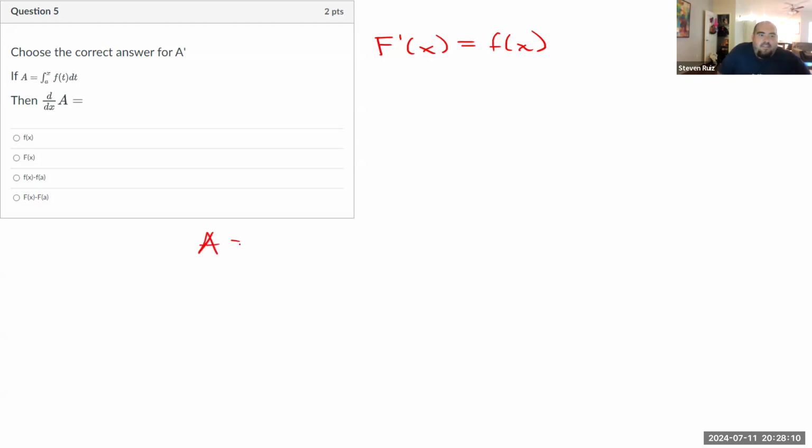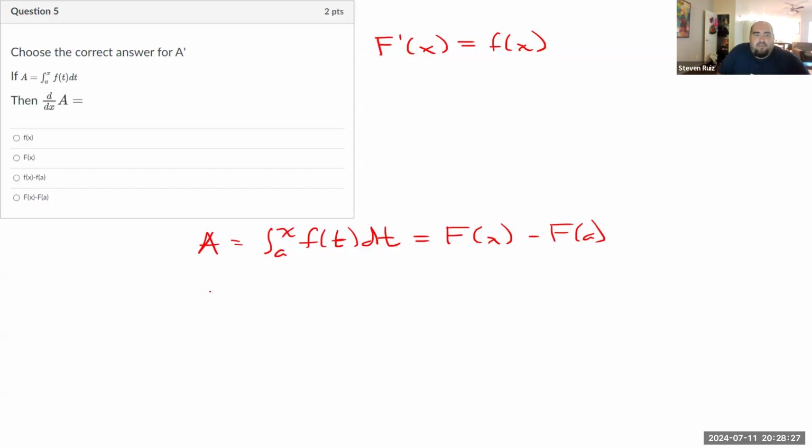So A is equal to the integral from a to x of f of t dt, which by the fundamental theorem of calculus, I can say is equal to capital F of x minus capital F of a.